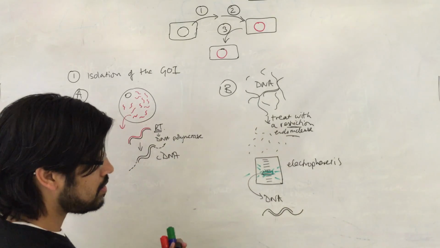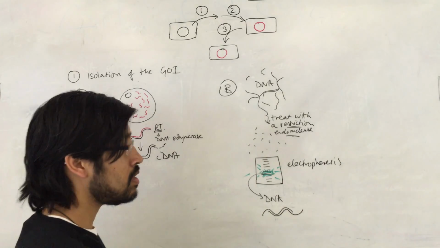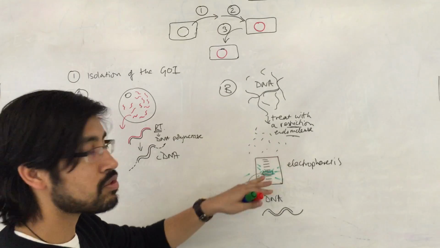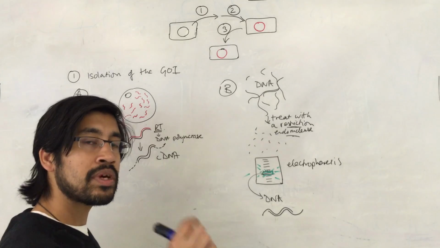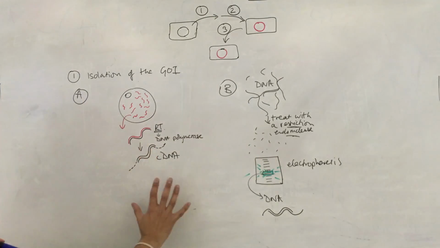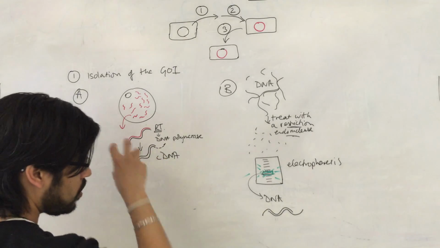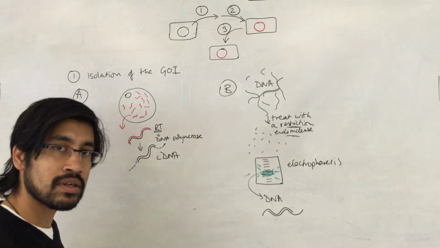And we know that this DNA is for our insulin gene because we have probed all our fragments with a probe specific to the insulin gene. So these are the two ways you can end up isolating your gene with sticky ends ready to be inserted into a vector.